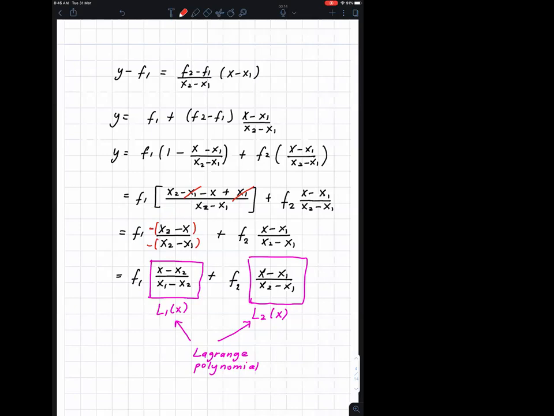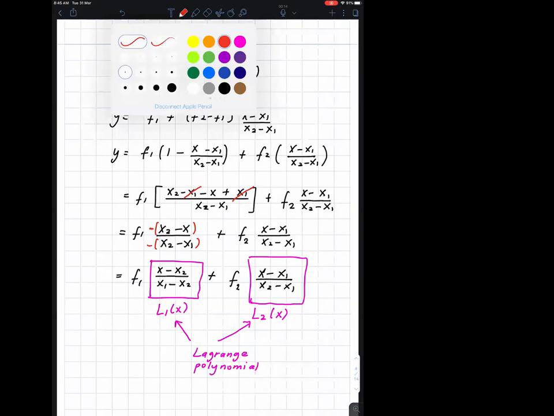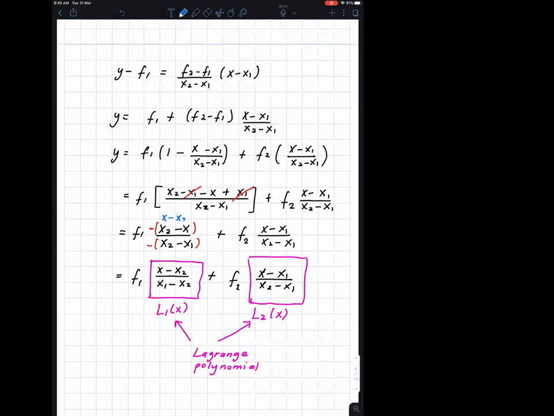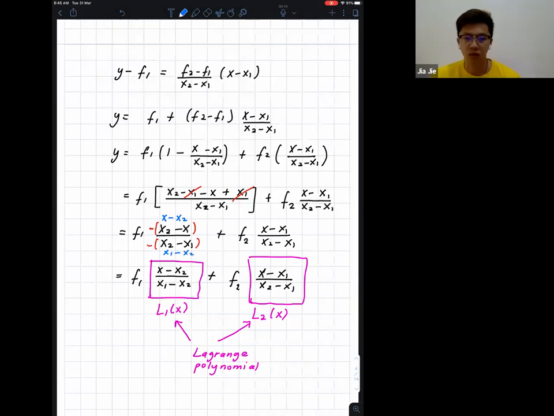So minus x becomes x. If you multiply this negative sign through, you will end up getting x minus x2, right? Then here becomes x1 minus x2. Oh, okay, sir. Got it.